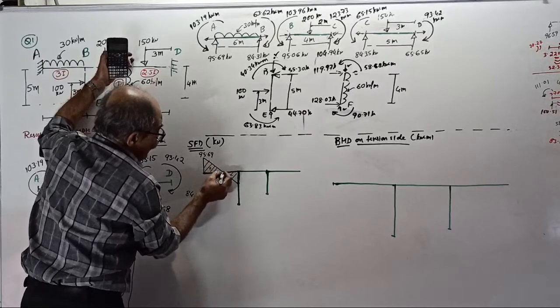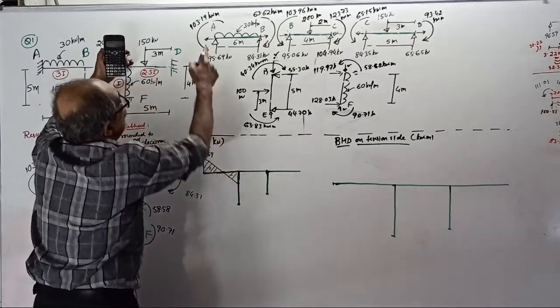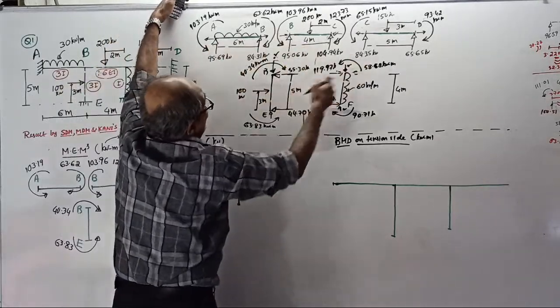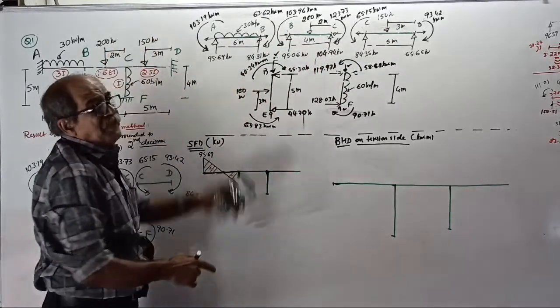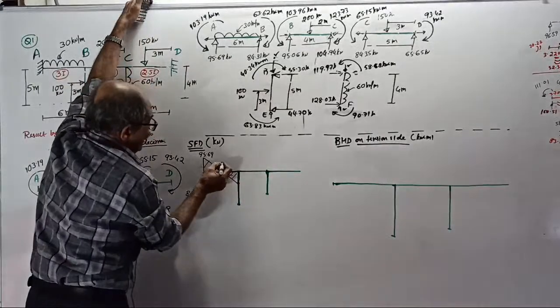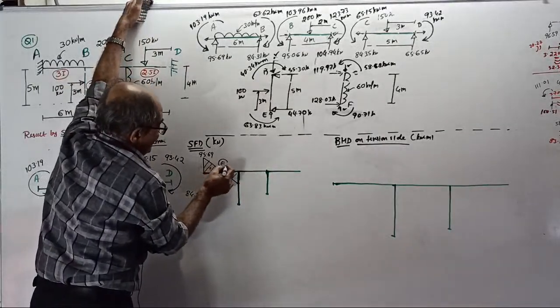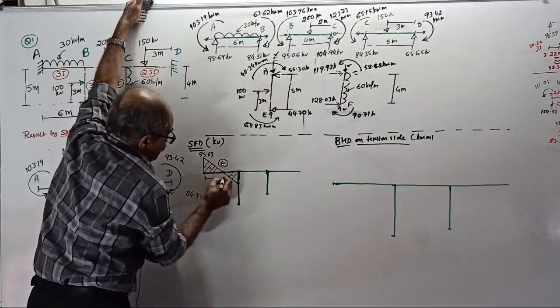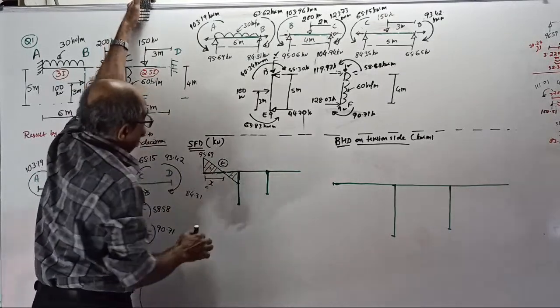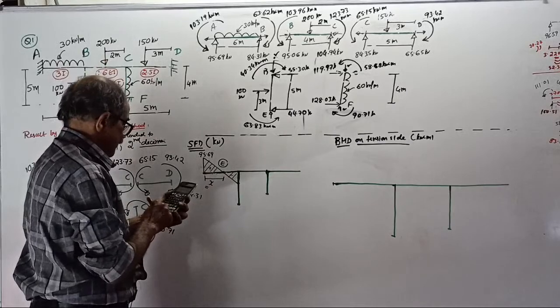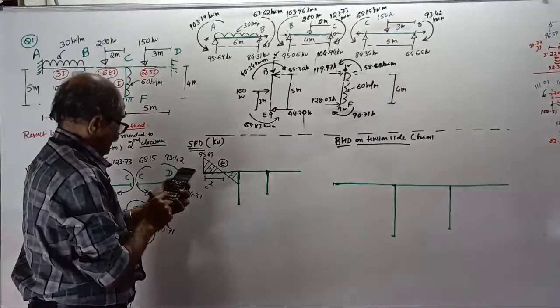This point required. I will call the point as A, B, C, D, etc. New point. See, A, B, C, D, E, F are standard point. A new point I will call E. E. Let it be X from here. X from here. Can you get this X value? I will give the direct answer. 30.